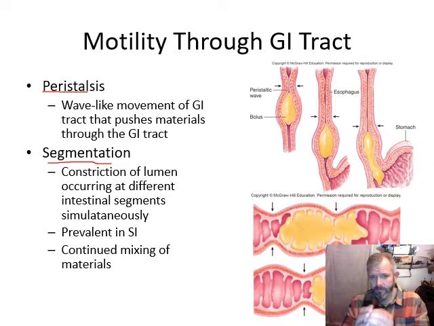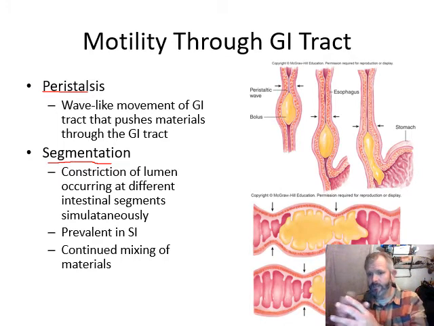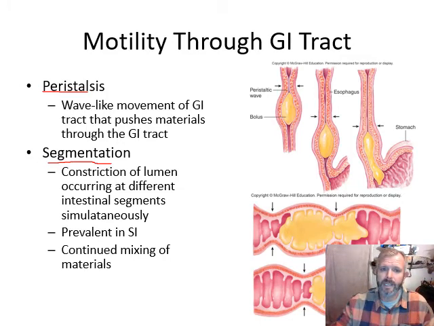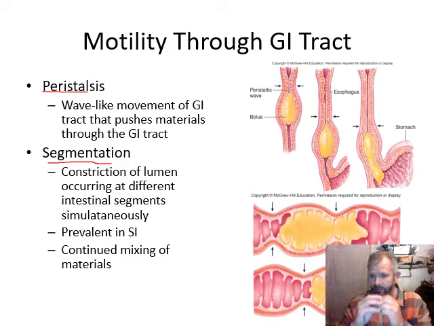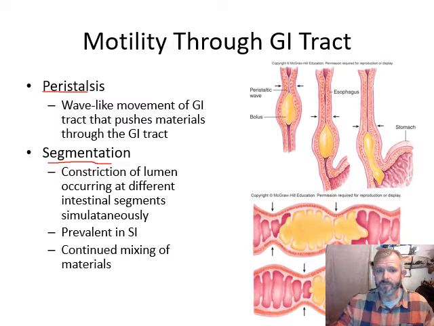So wave-like peristalsis helps push us through. Segmentation helps churn the material up, make it more of a paste, and it also aids in the actual mechanical digestion of the material.